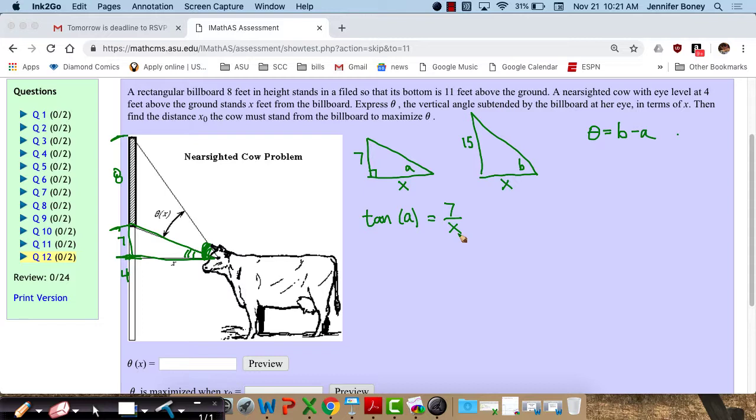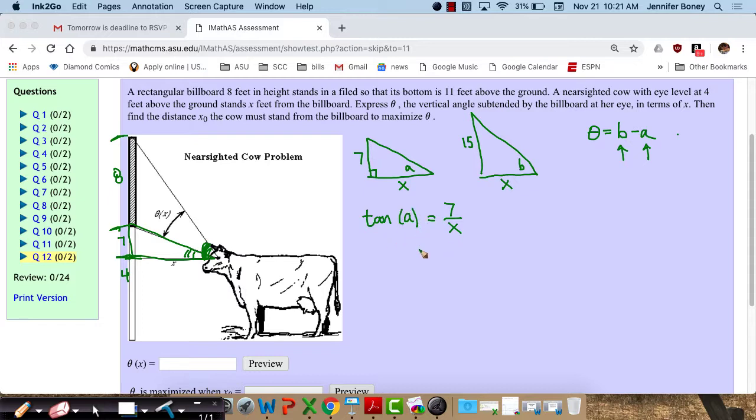What I want to be able to do is write theta in terms of one variable. And there's no way I can just write this directly like, oh, A is like 7 times B or something like that. But I can rewrite A and B both in terms of this length X here. So if tangent of angle A is equal to 7 over X, then I can solve this for A by using the arctangent, inverse tangent function.